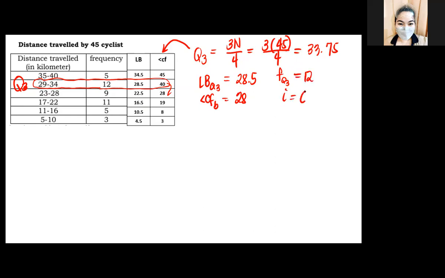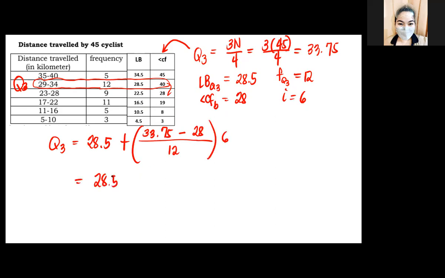And i is 6. Substitute natin siya. Q sub 3 is equal to 28.5 plus 33.75 minus 28 divided by 12 times 6.